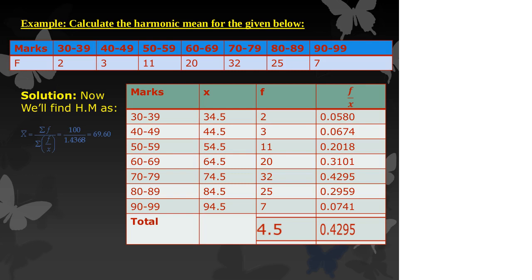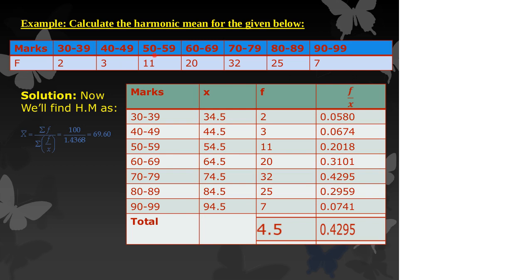Okay. So, who is able to calculate the midpoints? We're going to take 30 plus 39, that is 69, we divide by 2. That is the first midpoint for the first class, 30 to 39. We have the second, 40 to 49, that is 89 divided by 2.